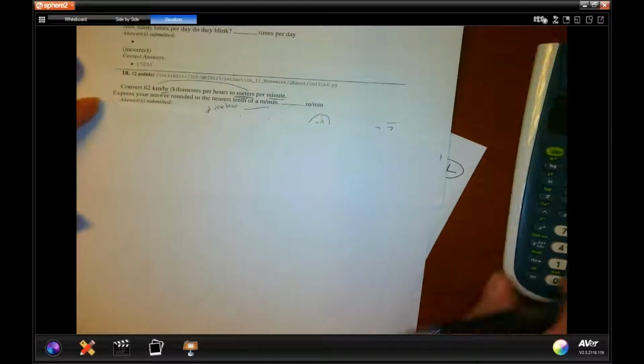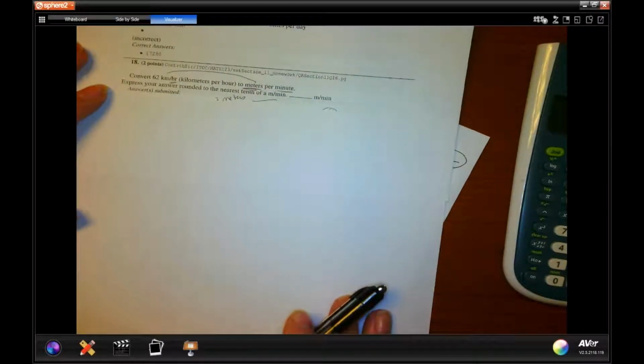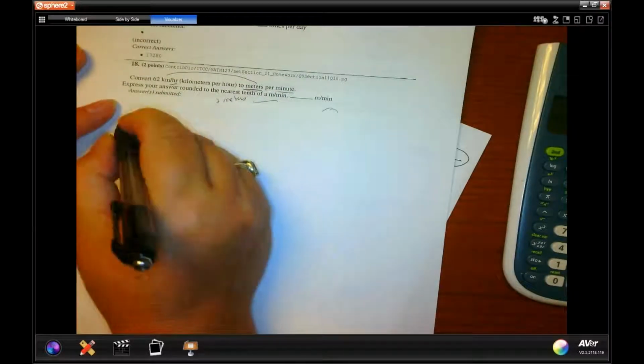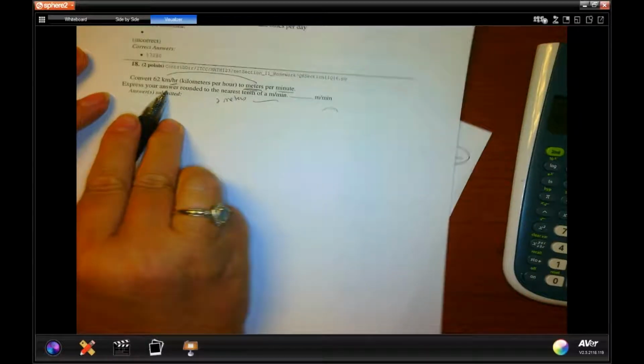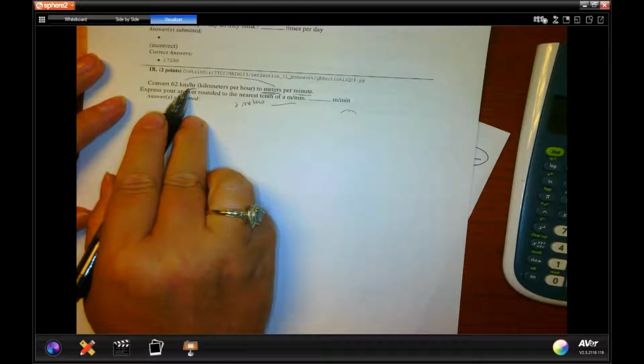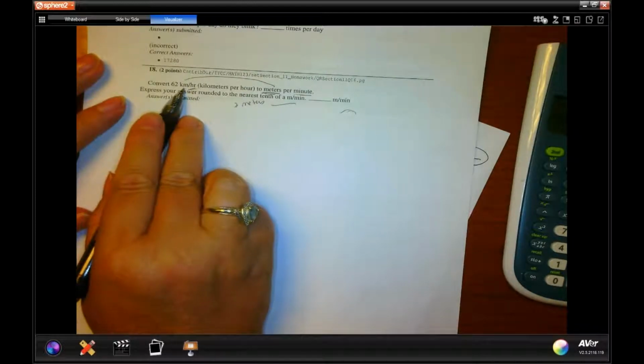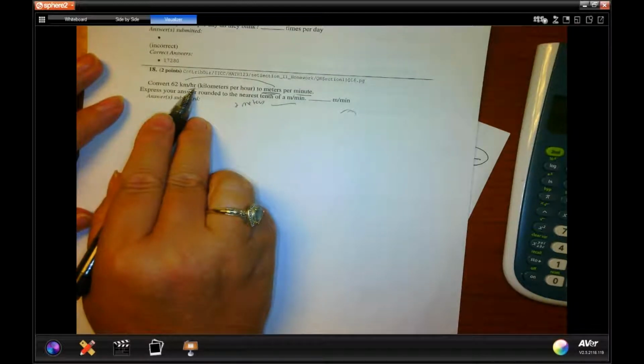You also have the double conversions, 62 kilometers per hour. This is the first one you've had where you have 2 units, a unit in the numerator and denominator, probably the most missed ones on the test.